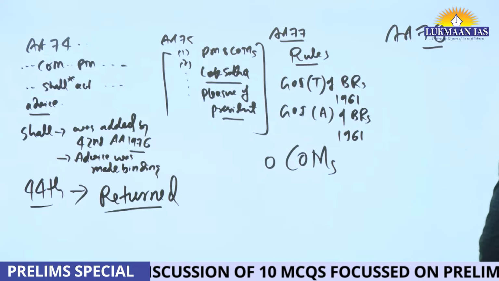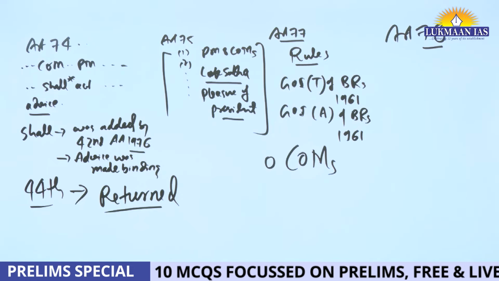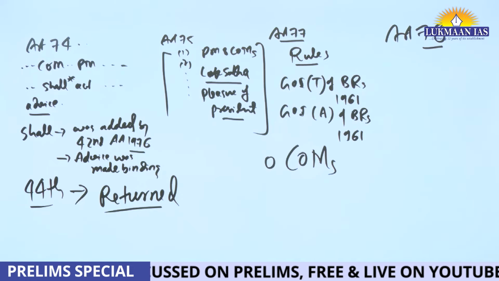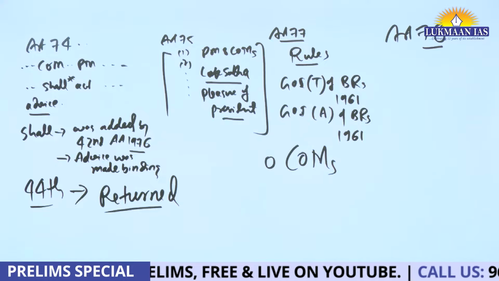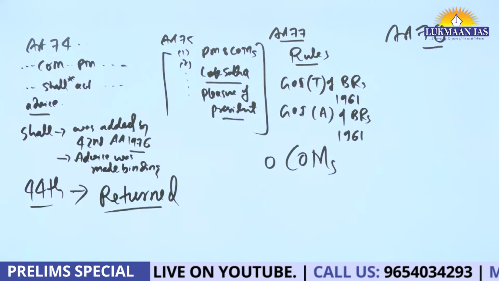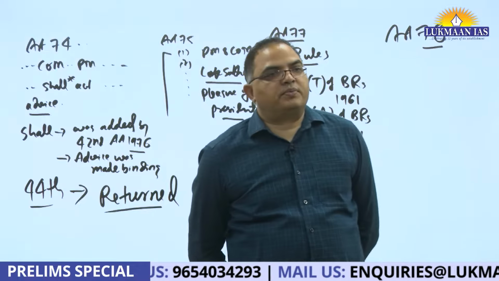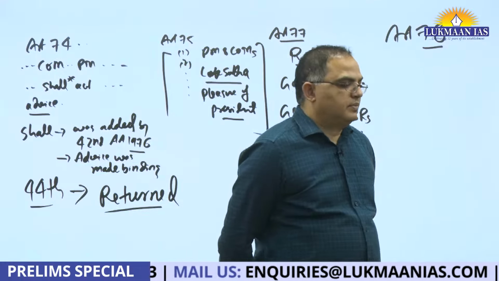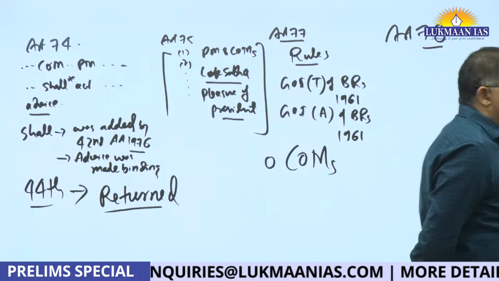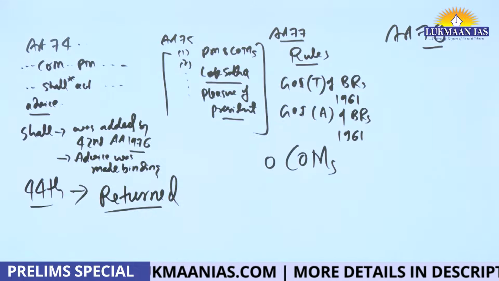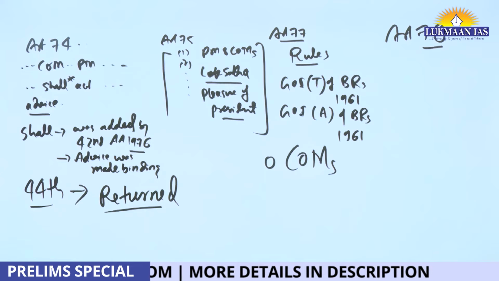In brackets, the Sarkaria Commission had recommended that law and order should not be the ground for President's rule. Bracket close.